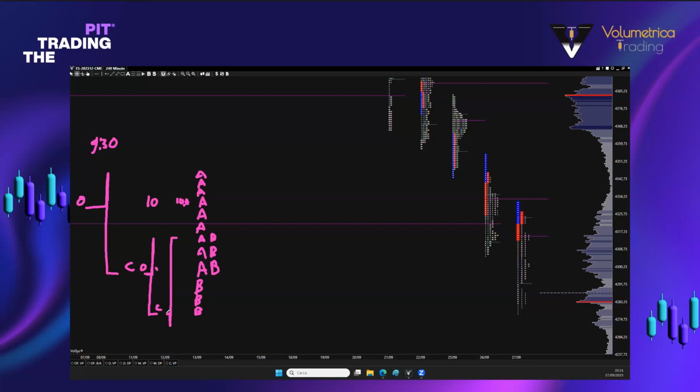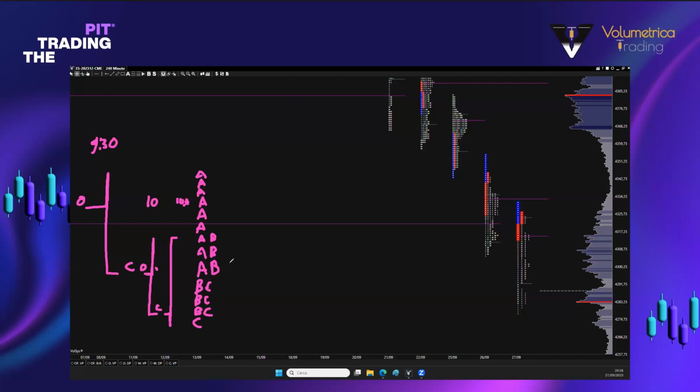So we will have something like that, opening here with the C print making a low, then going all the way back up, and of course still overlapping the B print here because those prices were already traded before.